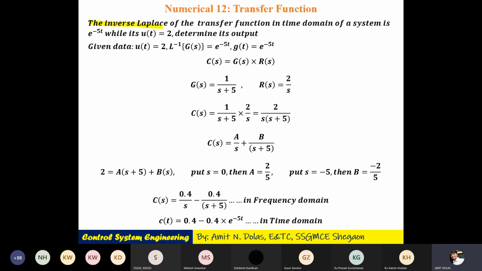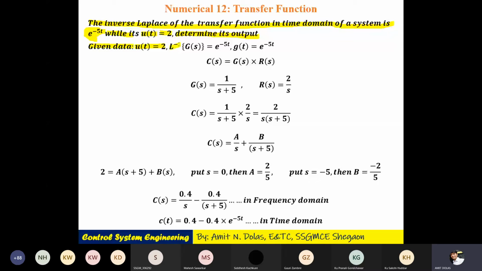The inverse Laplace of the transfer function in the time domain of a system is e raised to power minus 5t, while its u of t is equal to 2. Determine its output. Understanding the problem definition is very important. So given data, your u of t is 2. Inverse Laplace transform of transfer function.